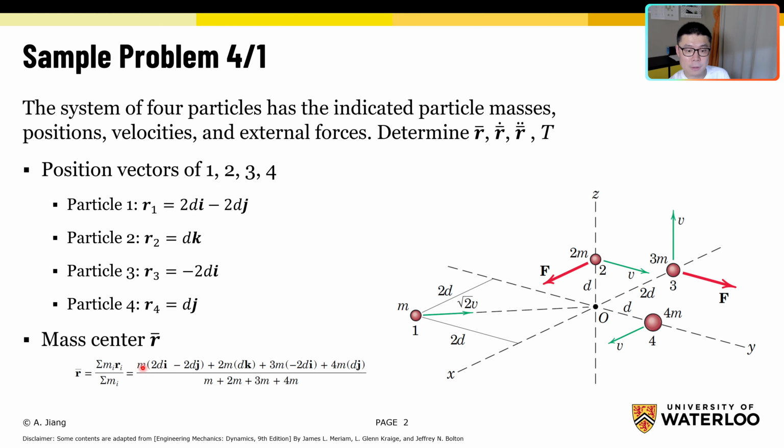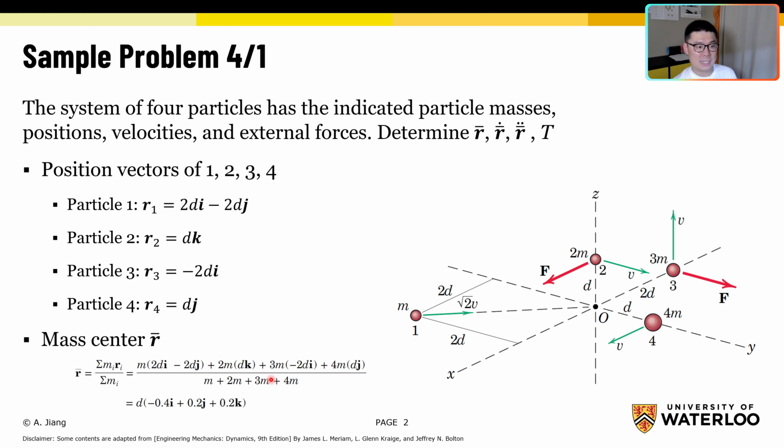And on the top is m of each individual particle. For example, this is particle 1, this is particle 2, this is particle 3, and particle 4. Adding them all together, divide by the whole mass. This is the weighted average formula. You should recall this from your stats course.